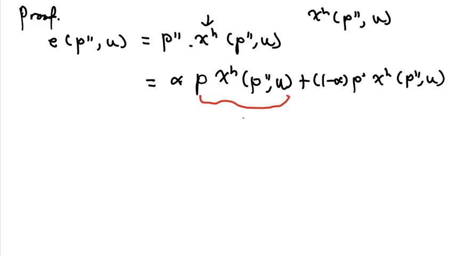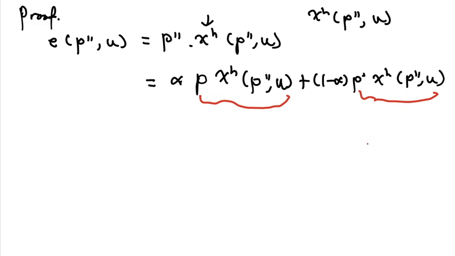However, it is evaluated at a different price. What is that price? It is evaluated at P instead of P double prime. But the best, optimal and cheapest is when it is at P double prime, isn't it? And what about this? Look at this. This is the cost of the bundle for the optimal good, which is XH, but evaluated at P prime price, not P double prime.